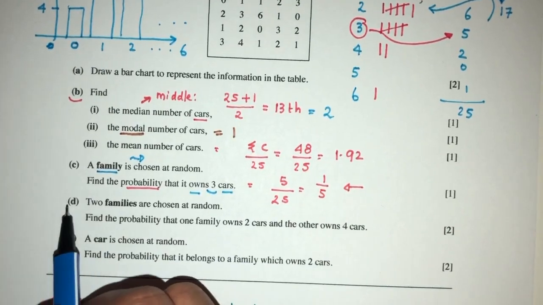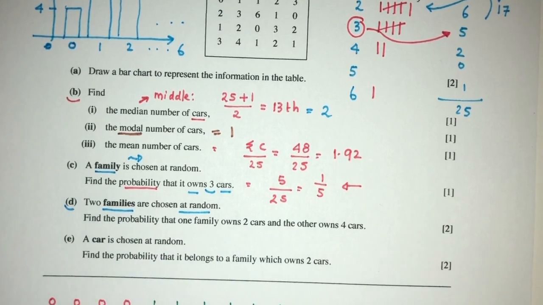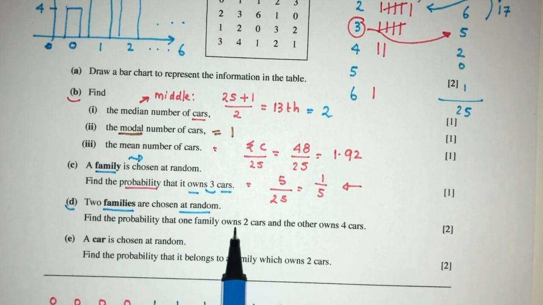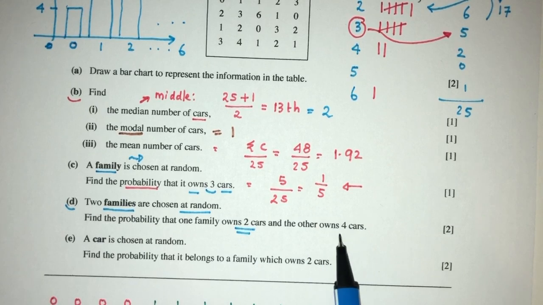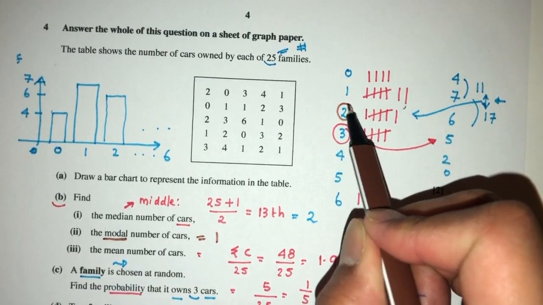Now for part D, we are choosing 2 families at random. Now we have to find the chance that one family owns 2 cars and the other owns 4 cars. So let's find the number of families that own 2 cars first. Going to my table, owning 2 cars is 6 families.